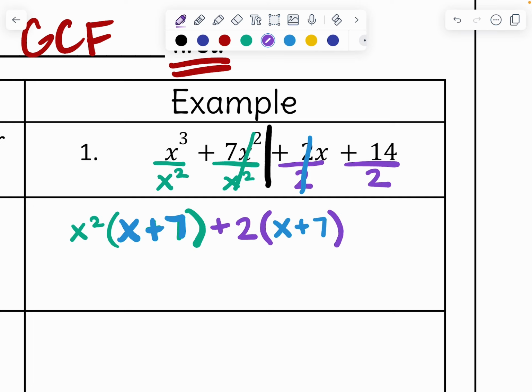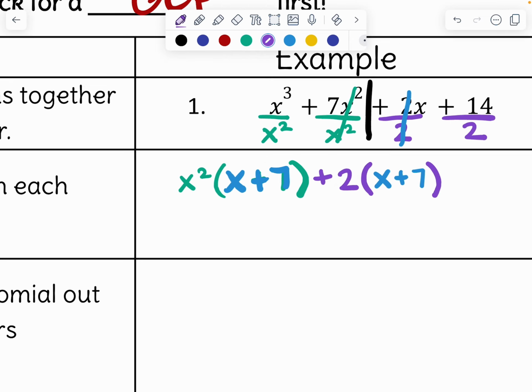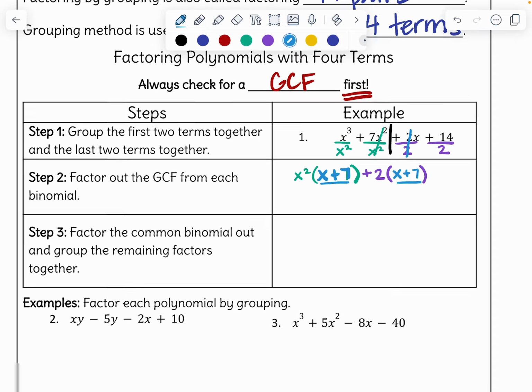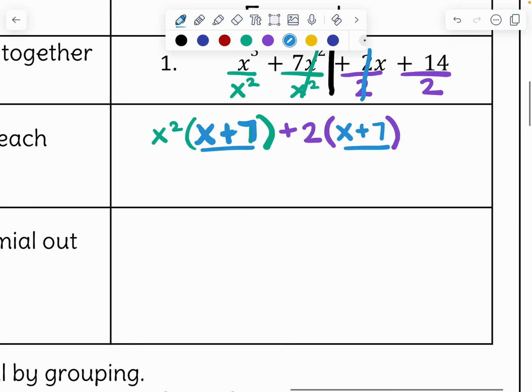Now if you've done this correctly, you will have 2 sets of parentheses with the same binomial inside. We have x plus 7 and x plus 7. So now we're going to factor out the binomial as a common factor. So we're going to move that over here to its own set of parentheses.